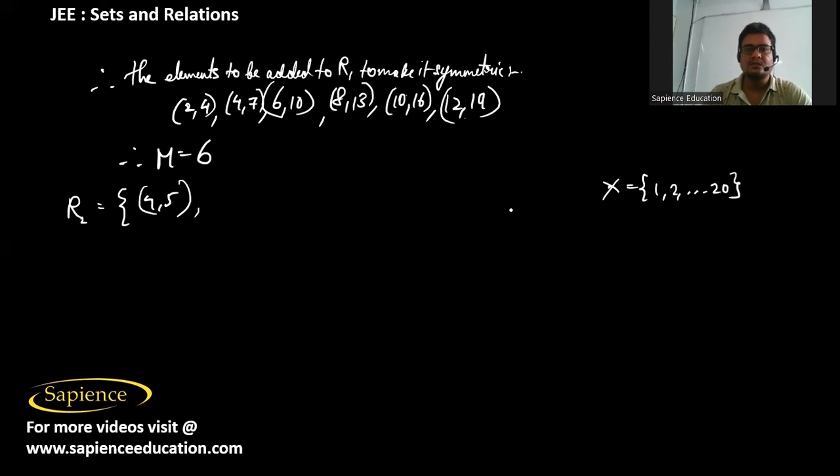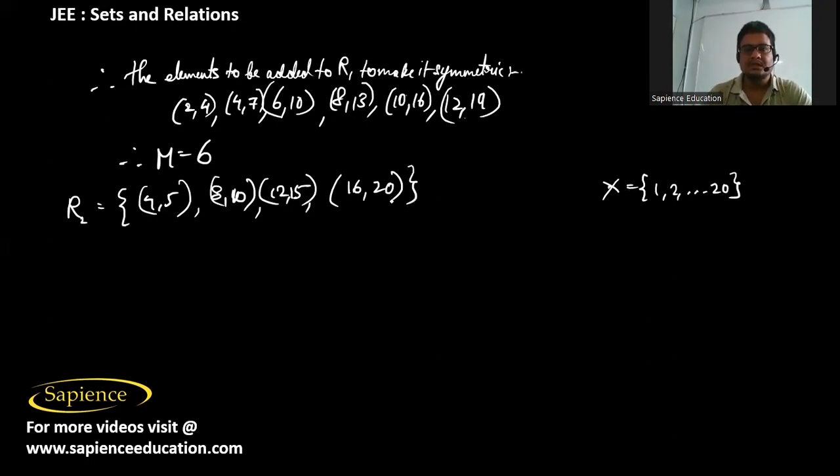So we can take (4, 5), or we can take (8, 10). 4 twos are 8, then 3 fours are 12 and 3 fives are 15, so (12, 15). And we can take 4 fours are 16, (16, 20) also. So till here we can take.